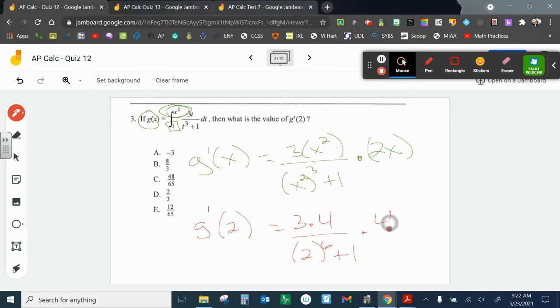And then times 2 is 4. So in the numerator, 3 times 4 is 12, times 4 is 48. Ooh, I like, because I got the answer like that. And then 2 to the 6 is 4, 8, 16, 32, 64, plus 1 is 65. Okay, so our answer for number 3 is C.